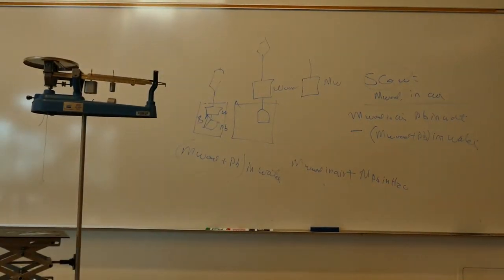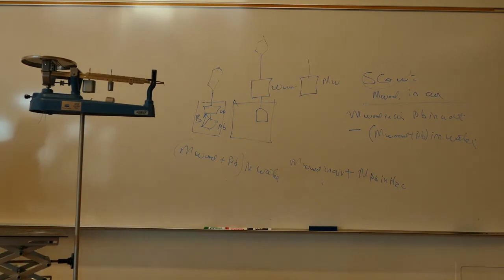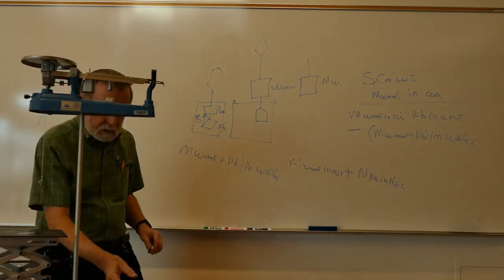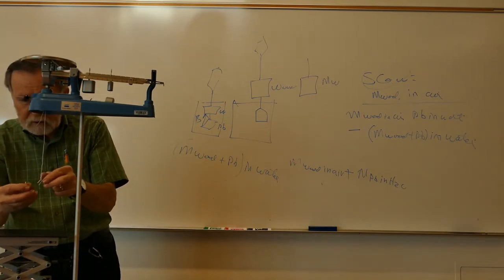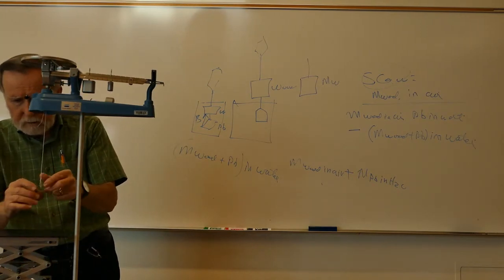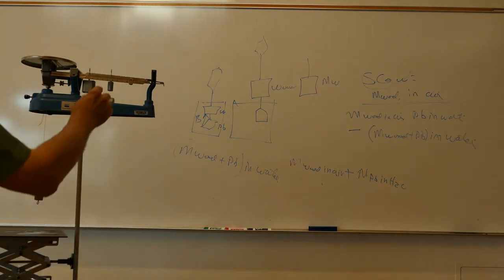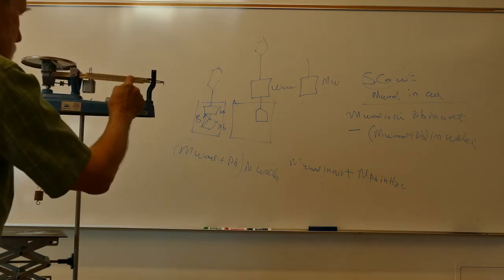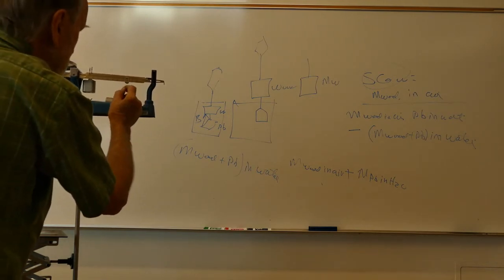Well, let's do the measurement first. We're going to measure the mass of the wood by itself in air. Pretty light. So let's do this. Oh, it's very light, not even 10 grams.